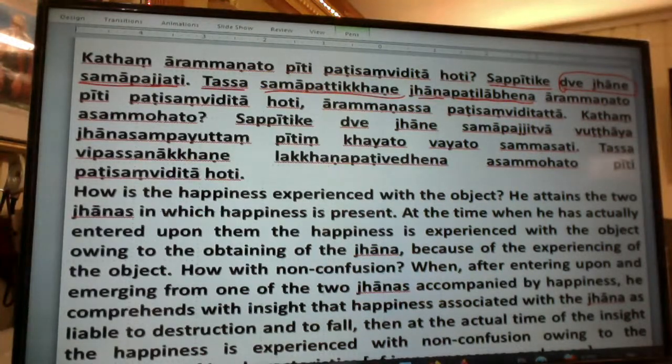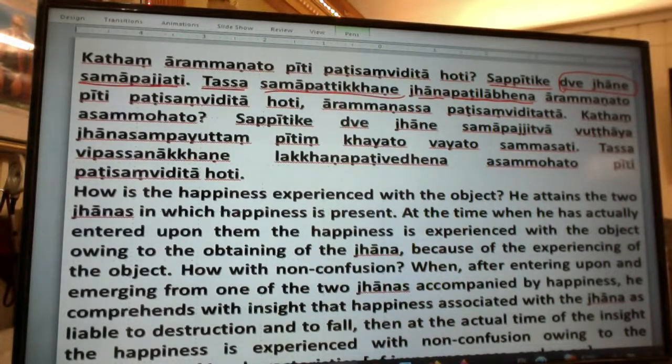According to the getting of jhana, whether first jhana or second jhana, these jhana are working with piti. So they are sappitika jhana. Jhana patilabhena means first jhana present, first jhana samapatti moment; second jhana present, second jhana samapatti moment.